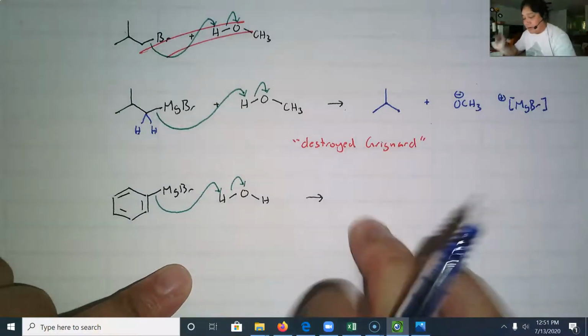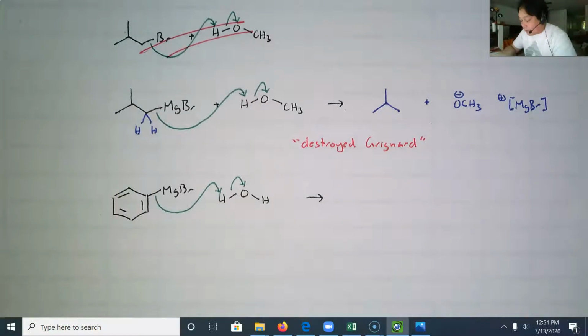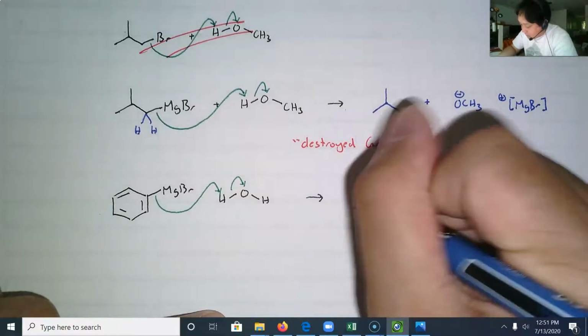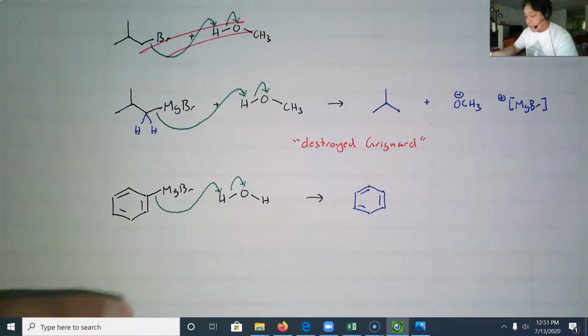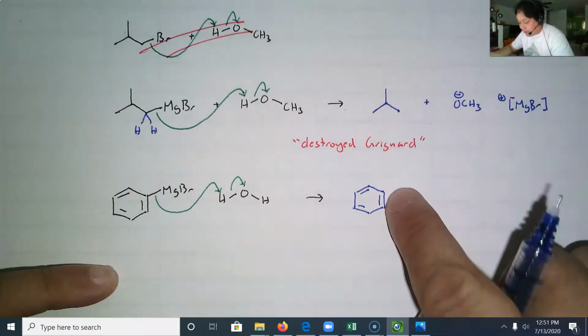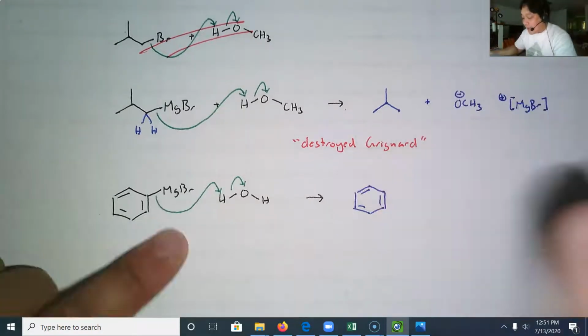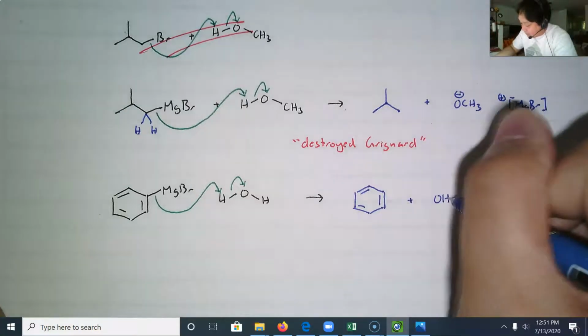Can you draw me the product here? All you have to do is draw benzene. I wouldn't do this normally, but see there's an H right there. That wasn't there before. And since we're drawing a mechanism, let's draw the rest of the products.